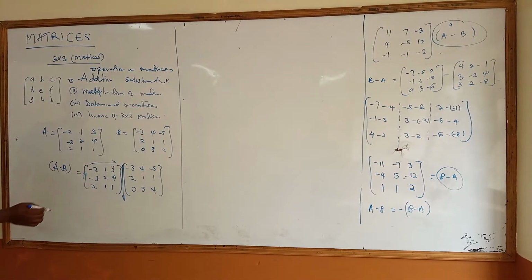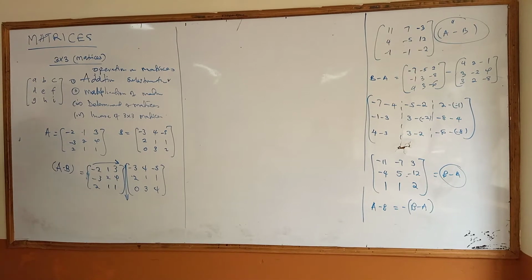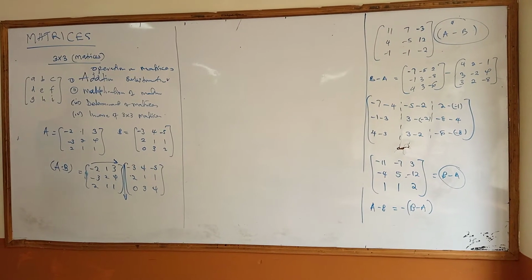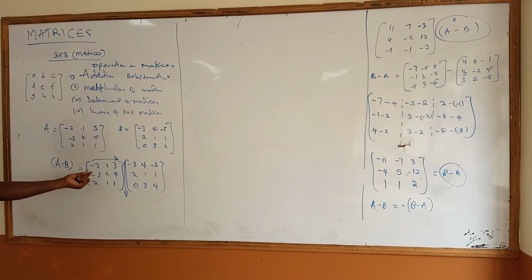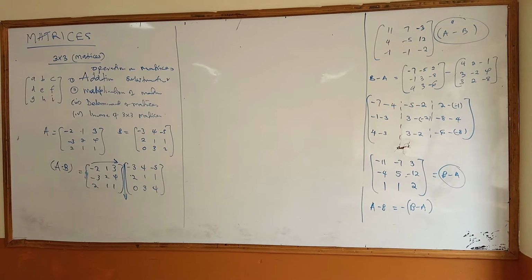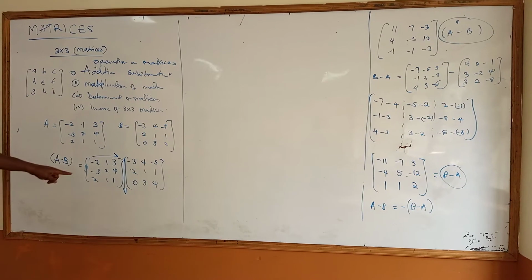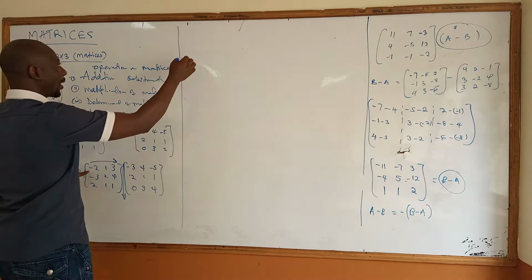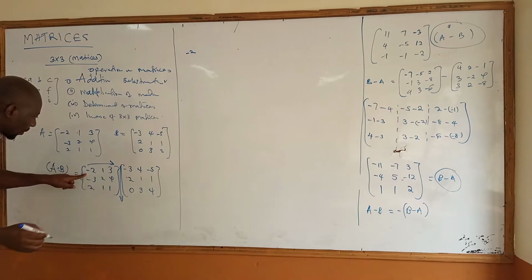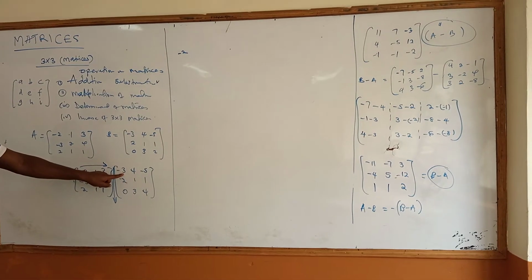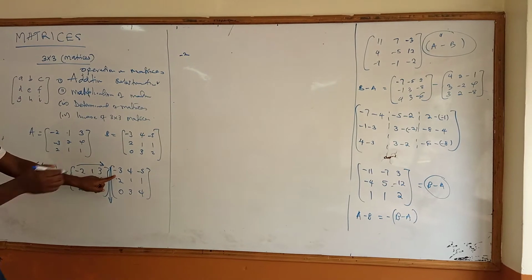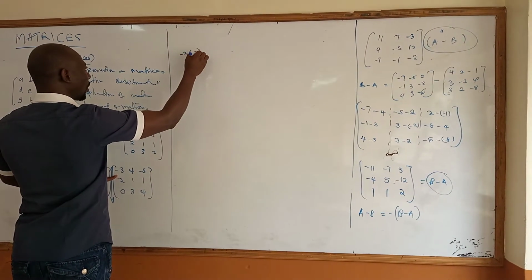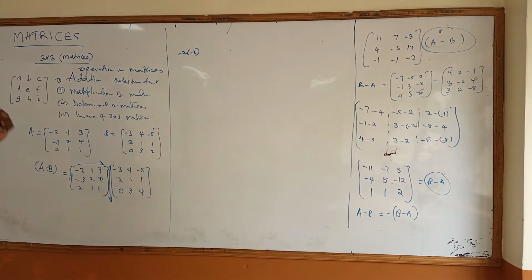So you multiply rows and columns. For example, A multiplied with B, you take the first row of A, that is -2, you multiply by the first element of the first column, that is -3. Then you add them downwards.